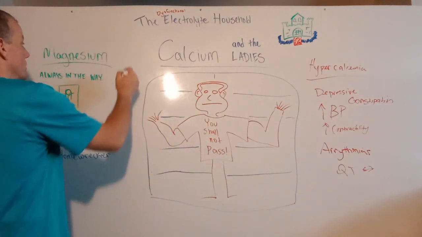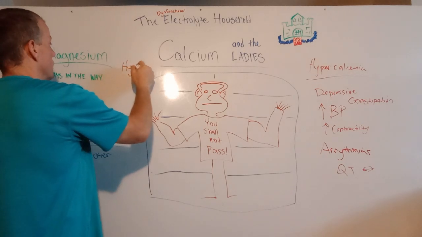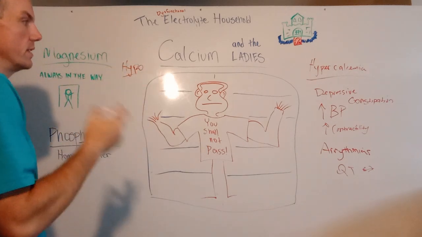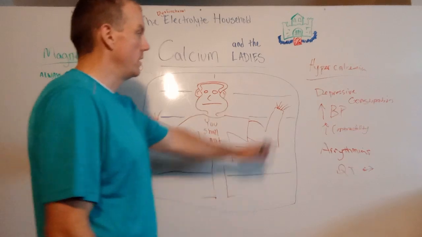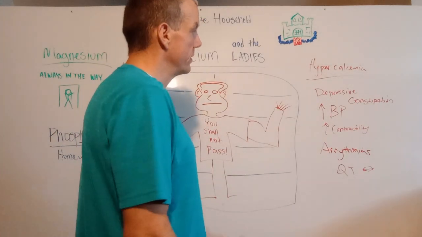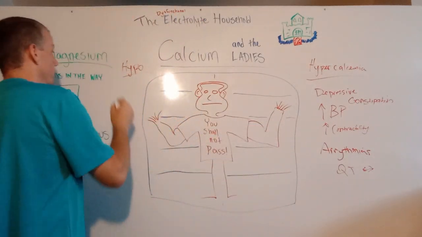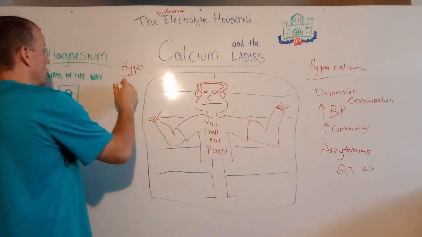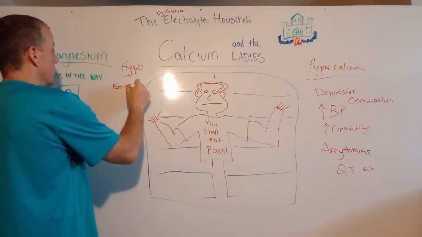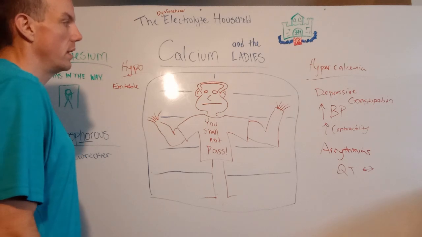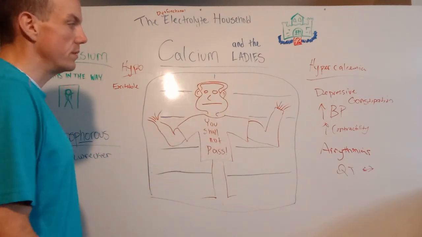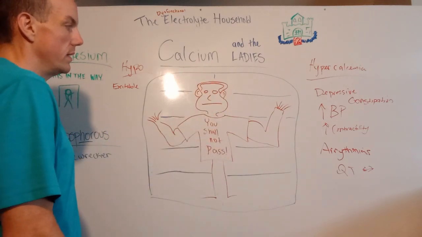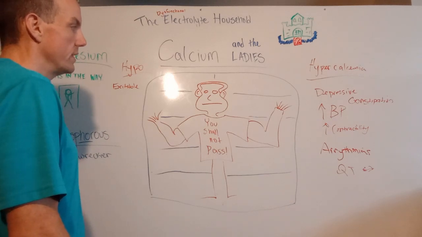On the other end of the spectrum, when your calcium gets low, you pretty much get the opposite of all of these things. You get excitable nerves, excitable bowels, pretty much all the same effects reversed.